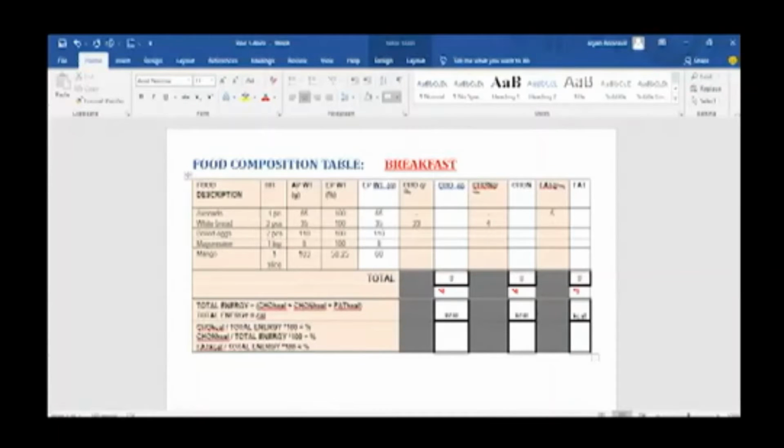So for carbohydrate, 0, protein, 16, and fat is 12. And for mayonnaise, which is one exchange of fat, 0 carbohydrate, 0 protein, and 5 grams of fat. And lastly, for mango, which is a fruit, 10 carbohydrates, 0 protein, and 0 fat.